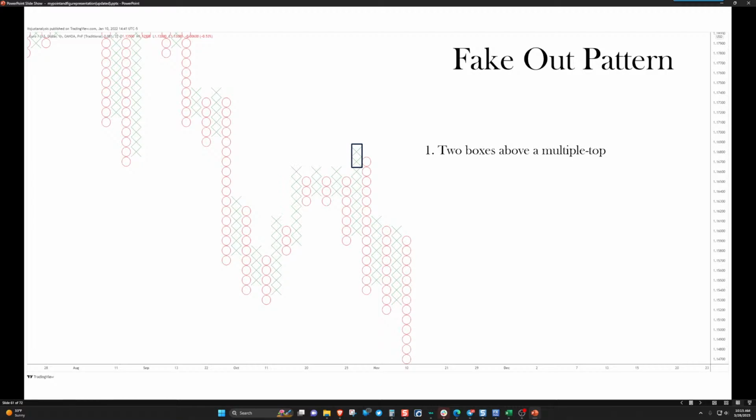So 2 boxes above a multiple top, or, actually this is the bearish setup. If it was the bullish one, it'd be 2 O's below the multiple bottom. And the entry on that, this is kind of like a pull pattern. It's at 50% of the range of this column of X's.